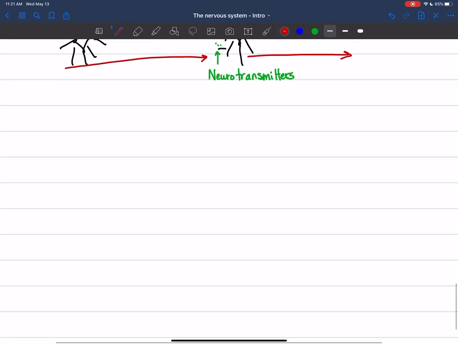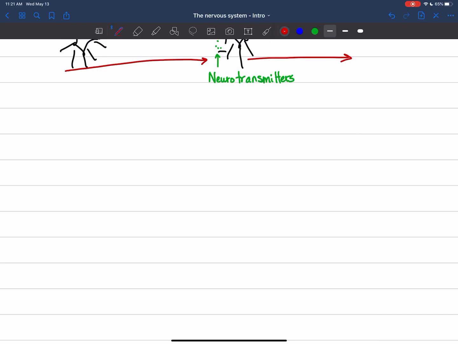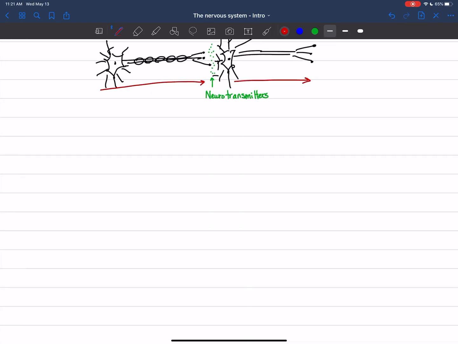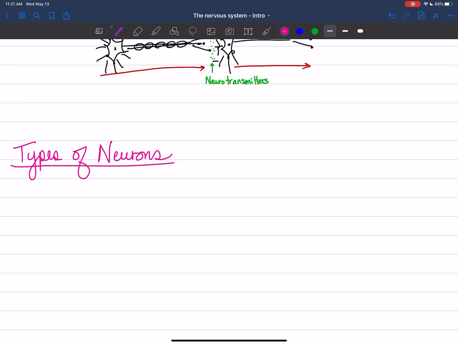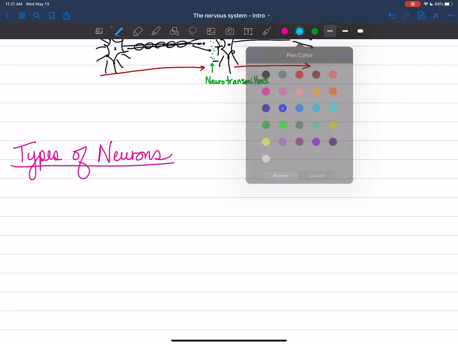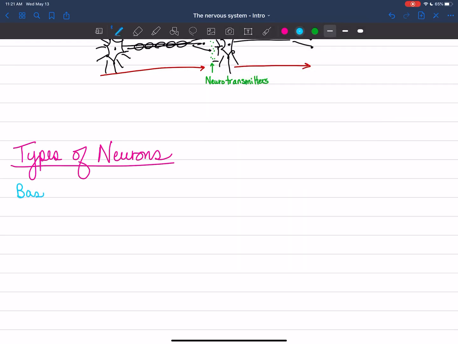Okay? Now, when it comes to neurons, the next thing that we have to look at is different types of neurons. So we're going to base this on structure and also based on function.